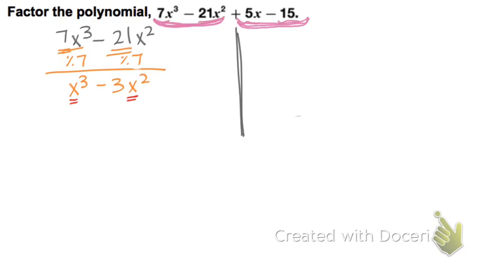So what I'm going to factor out is an x squared. You're looking for the greatest common factor. And remember, when you're dividing exponents, what do you do with the exponents? You subtract them. So x to the third divided by x squared is just x to the first, or x.